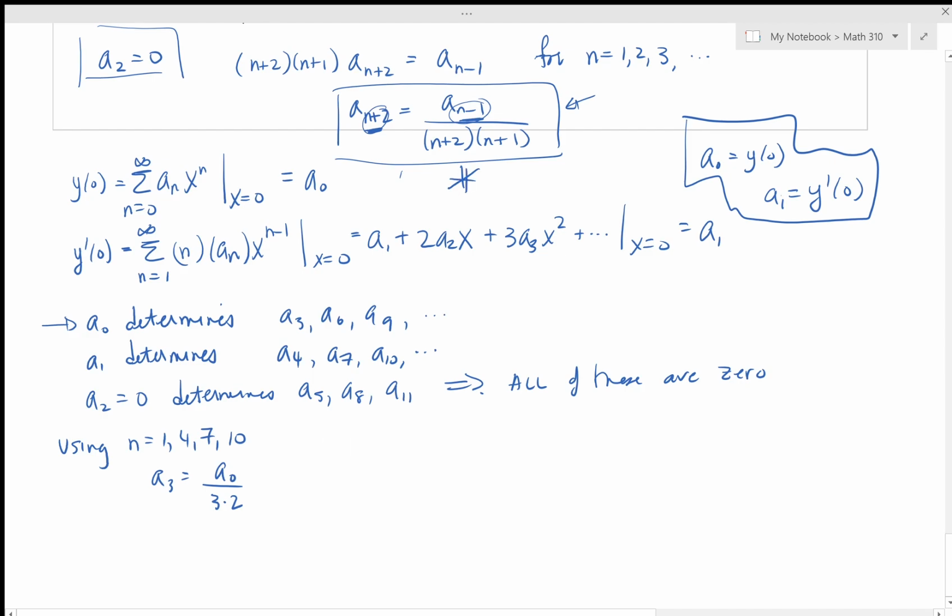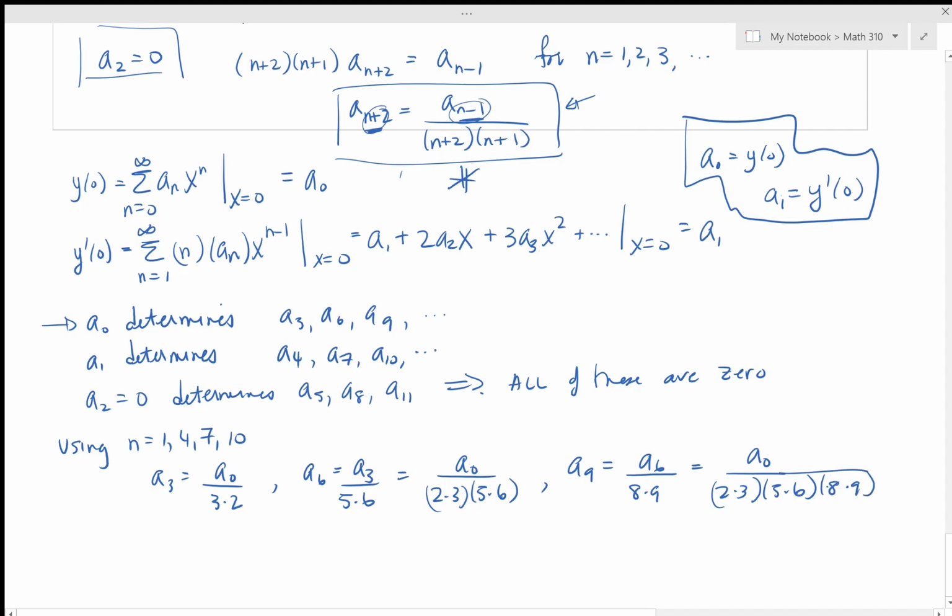Then I'll use it when n is equal to 4, and that gives me A6, which is A3 over 5 times 6. A3 is A0 over 2 times 3, and then there's 5 times 6. Then A9 is A6 over 8 times 9, and A6 is A0 over 2 times 3 times 5 times 6 times 8 times 9.